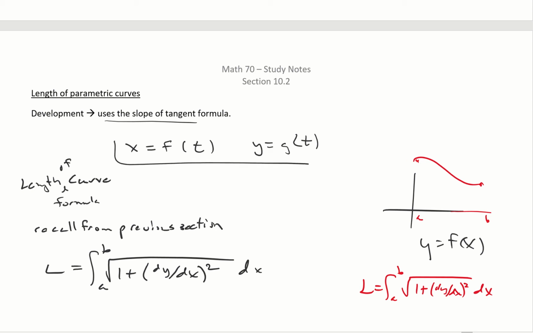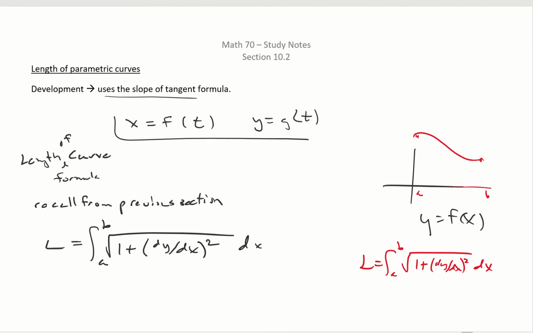Trouble is, our functions are both functions of the parameter t. How do I make a bridge from one to the other? And as I hinted at up here in the development, the bridge is right there. We have a formula for that guy, so let's put it in.